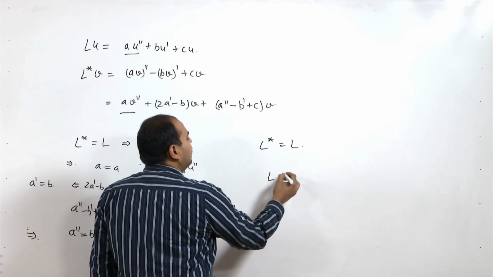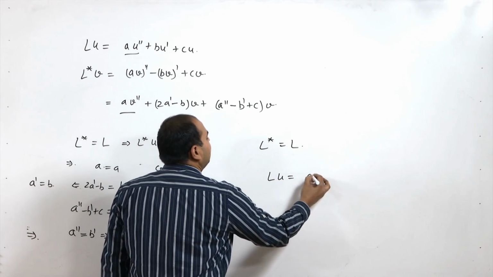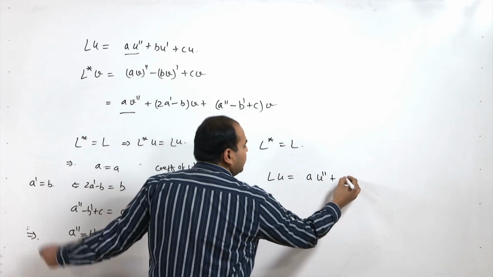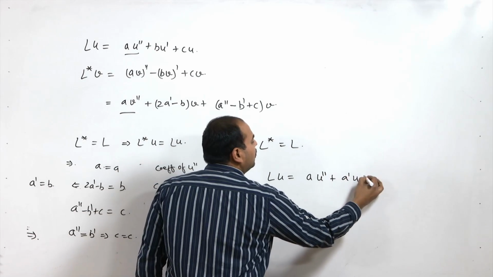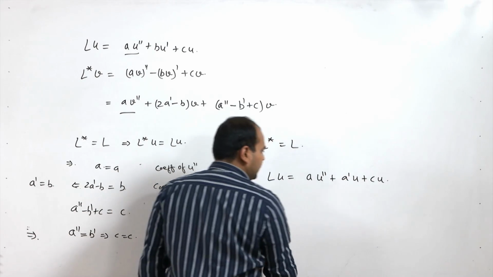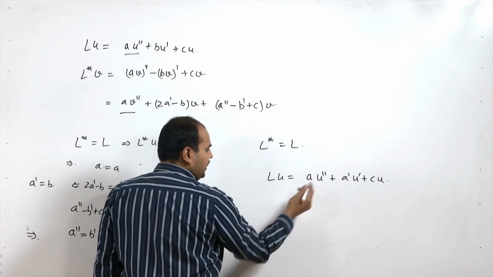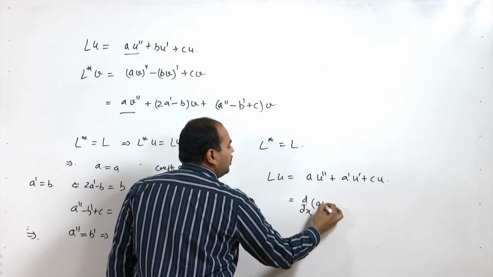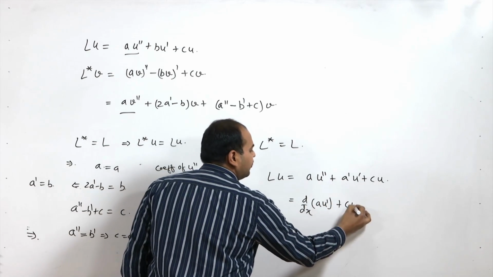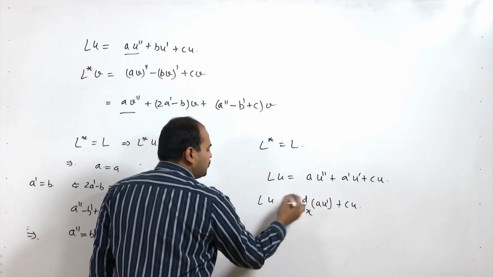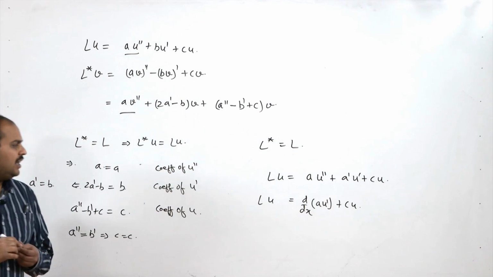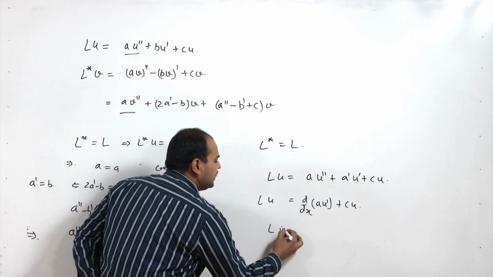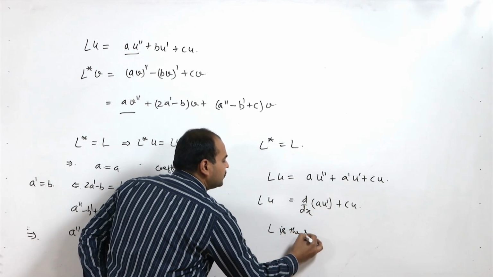we can write Lu as a u double dash plus, since b is a dash, a dash u dash plus c u. Here I can rewrite this as d/dx of (a u dash) plus c u. This form of operator L is known as the self adjoint form.